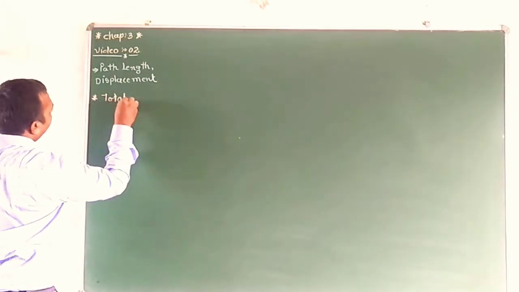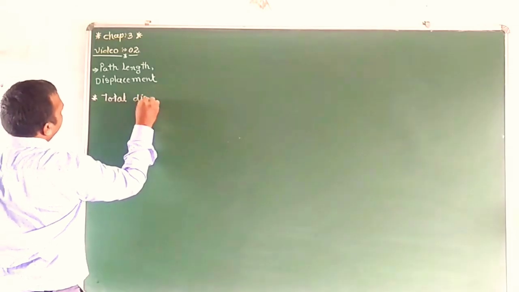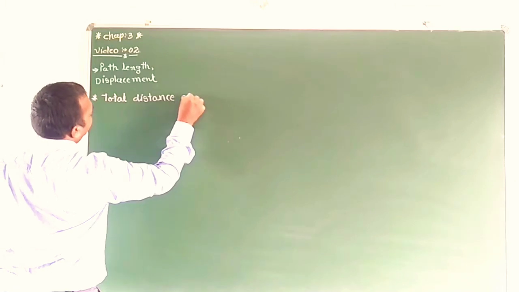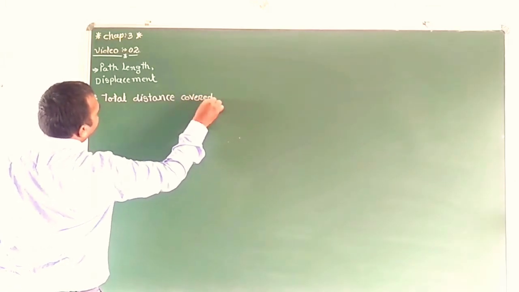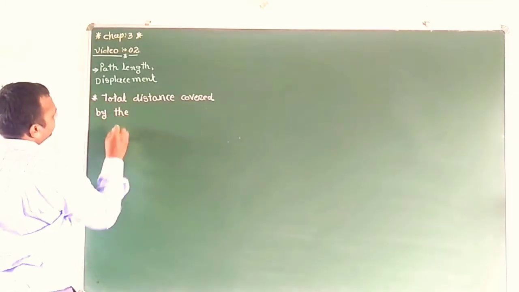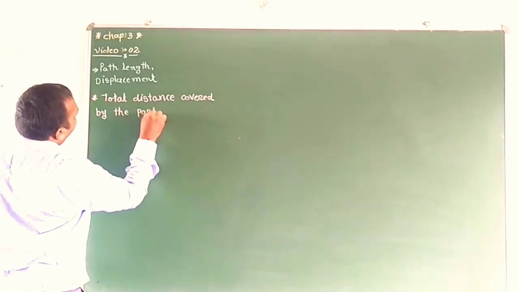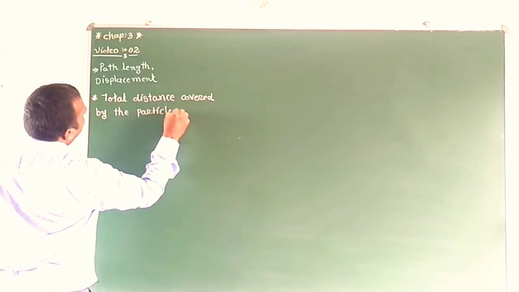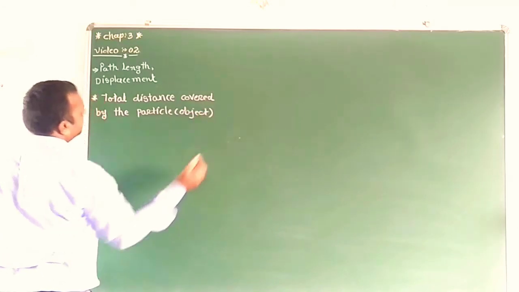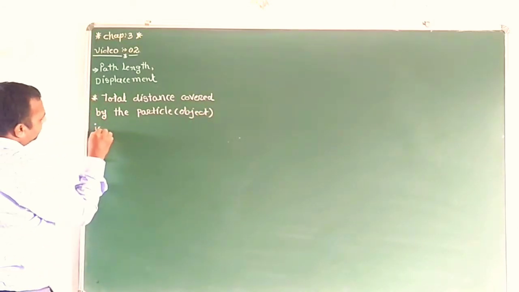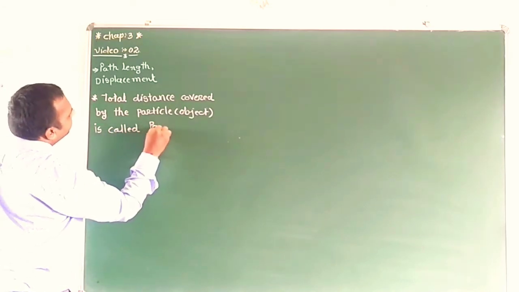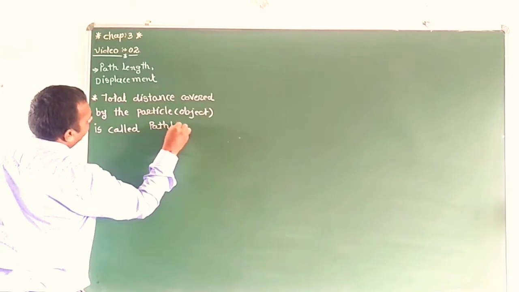Total distance covered by the particle or object is called path length.